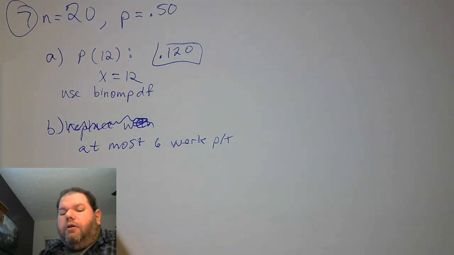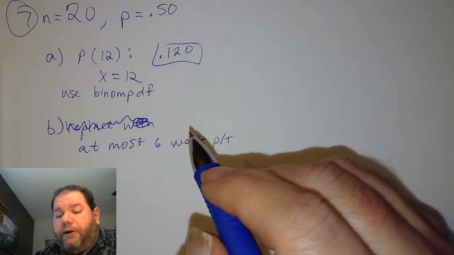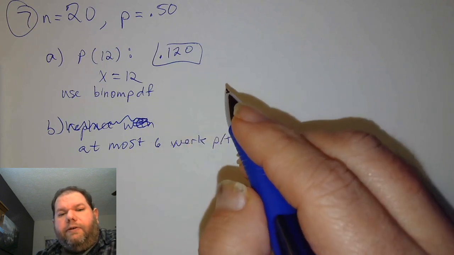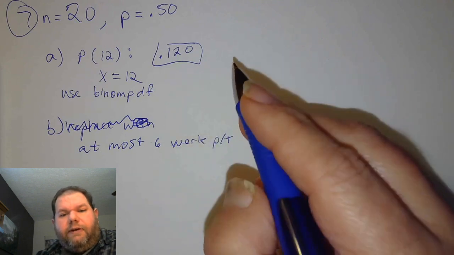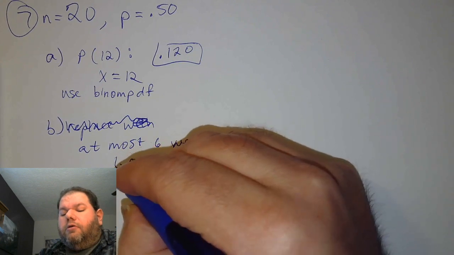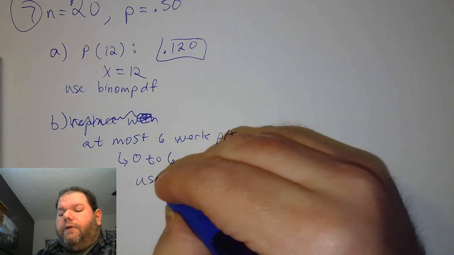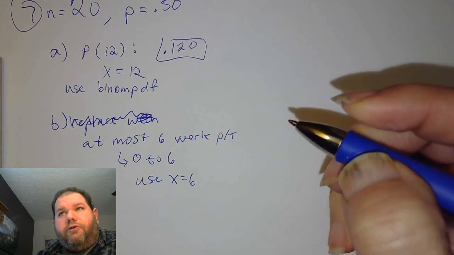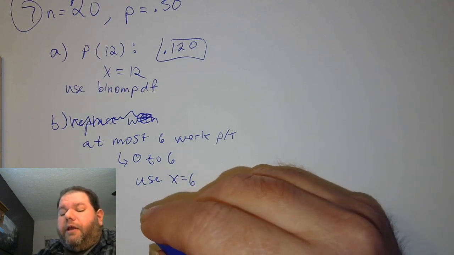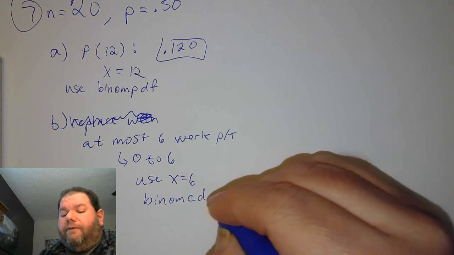Okay. Now when we say at most 6, first of all we have to make sure we interpret that correctly. At most 6 would be anything from 0 up to 6. So less than or equal to 6. And we'll use x equals 6 when we do the calculation inside the calculator, and binomial CDF.